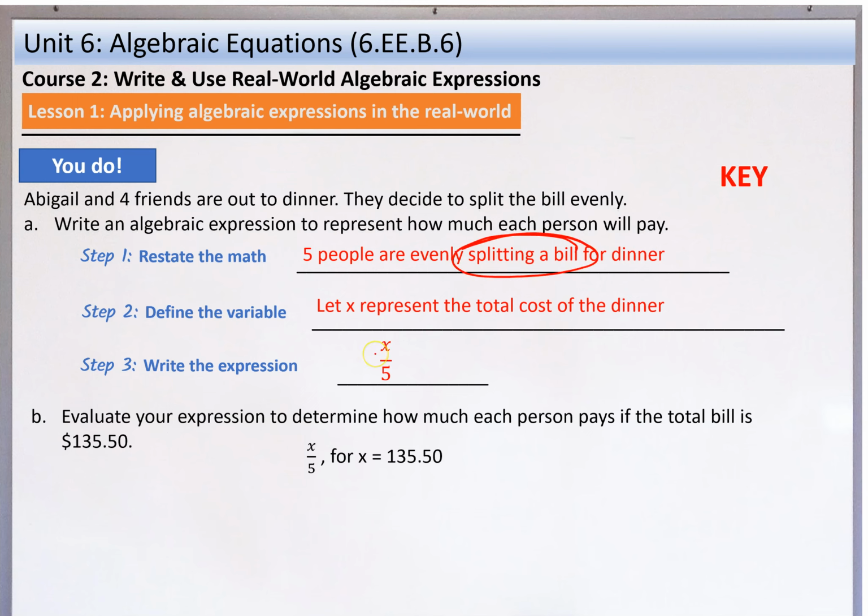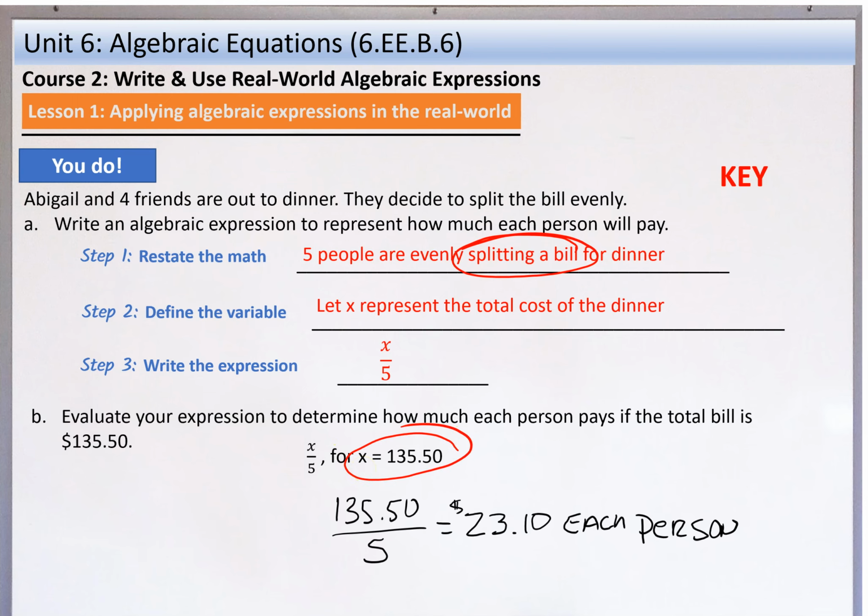That automatically tells you it's division. We're going to let X represent the total cost of the bill. And the expression will be X divided by 5. And we know that the bill is $135.50, so we divide $135.50 by 5, and it's $23.10 each person.